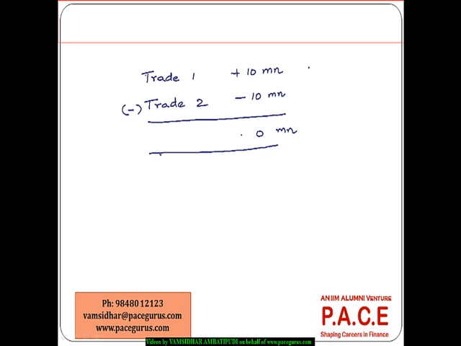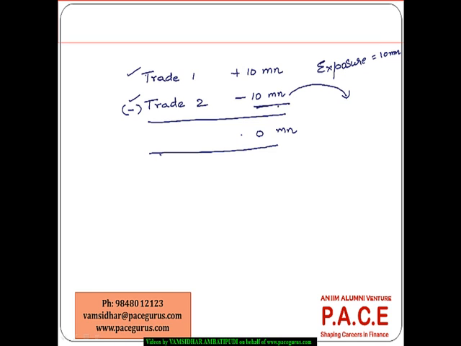But the total exposure, by a direct calculation, is 10 million in both scenarios. If the default happens here or here, the total exposure is 10 million itself. So if the counterparty is defaulting, for me there is a loss because I have to settle this part with my counterparty.